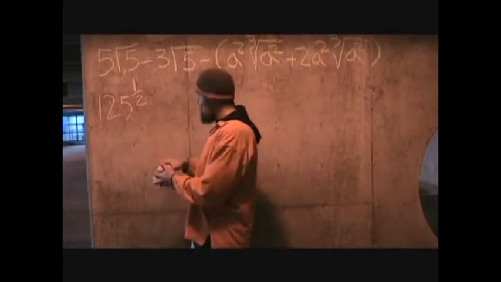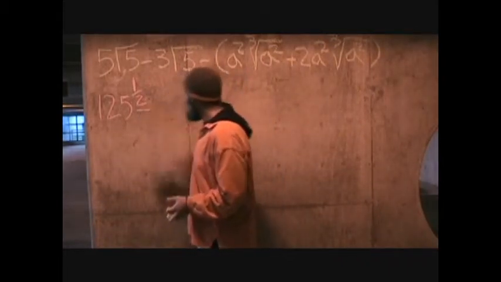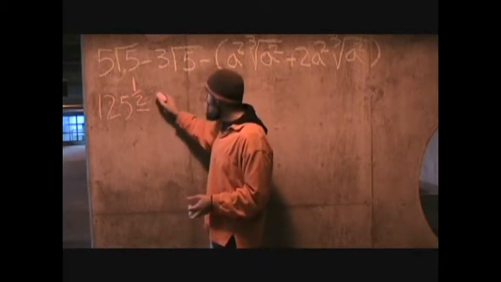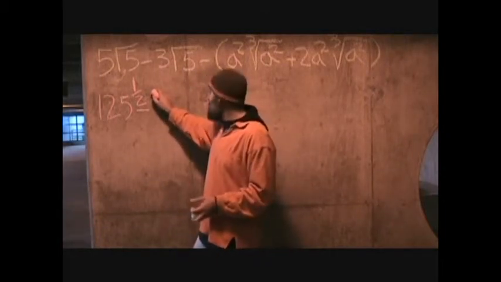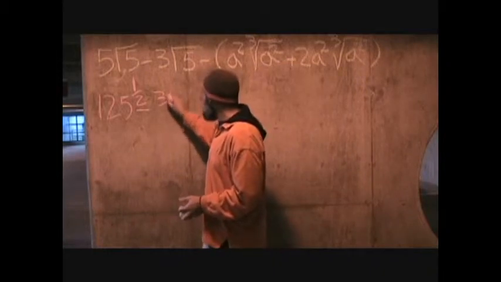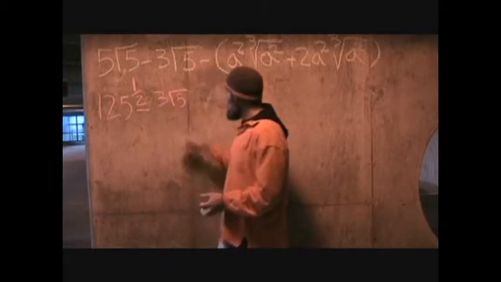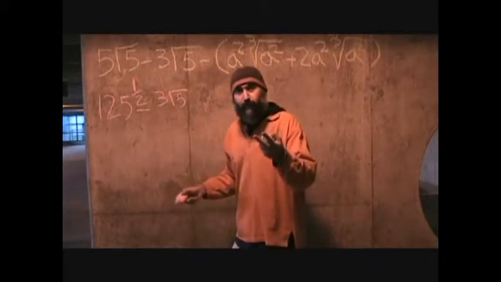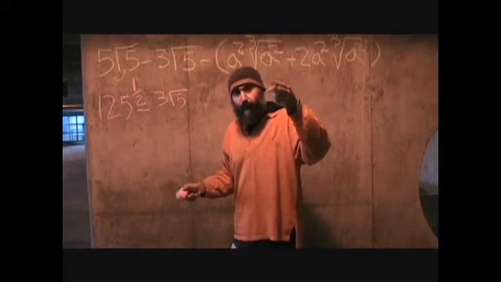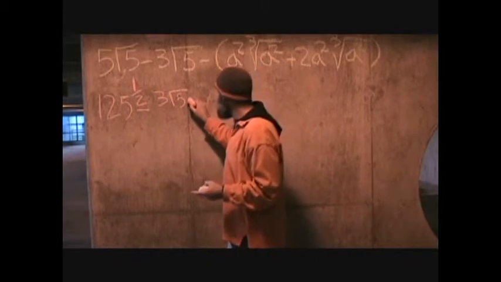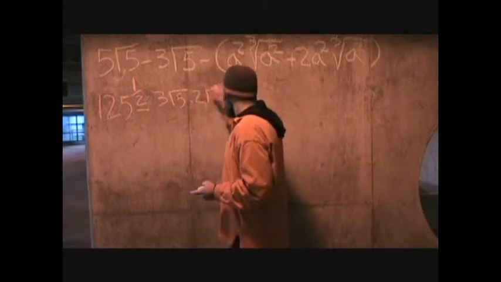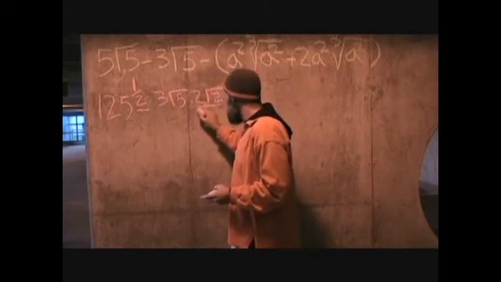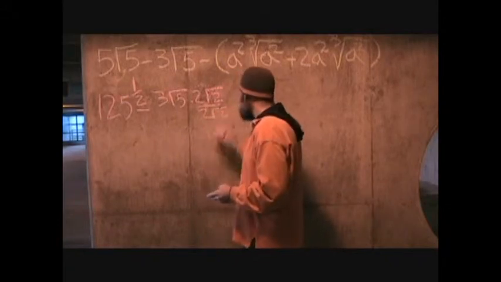So this becomes minus. We've got a minus here, right? Now we're going to deal with this. I'm going to write it out, 3 square root 5, and multiply this number by the number 1, and I'm going to choose 1 to be 2 root 2 over 2 root 2. So I'm going to multiply this by 2 square root 2 over 2 square root 2.